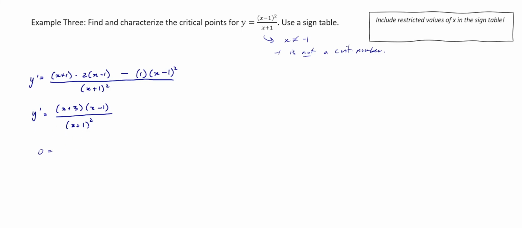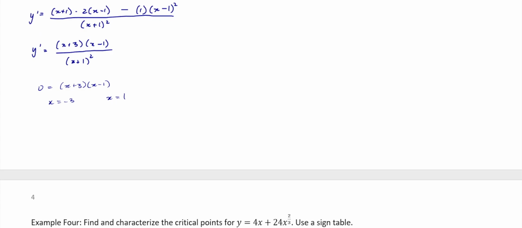Remember, a fraction can only equal 0 when the numerator is equal to 0. So I just look at the numerator right here. I don't take into effect the denominator because the denominator doesn't make a fraction equal to 0. So right here I see that x could be -3 and x could be 1. Those are going to be my critical numbers.